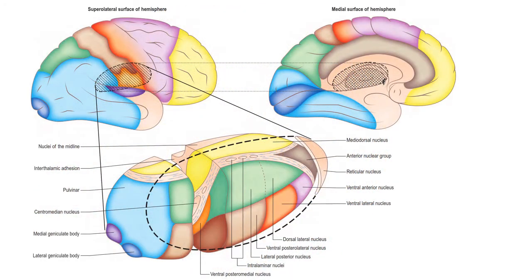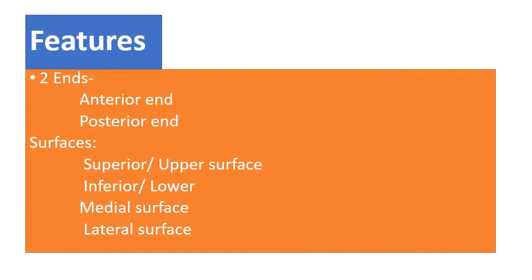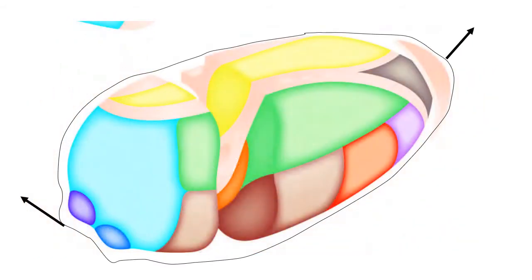Coming to the thalamus, it has two ends and four surfaces. Let us see all the two ends and the four surfaces. The two ends are the anterior end and the posterior end. The anterior end is present at the lateral wall of the third ventricle and projects medially.